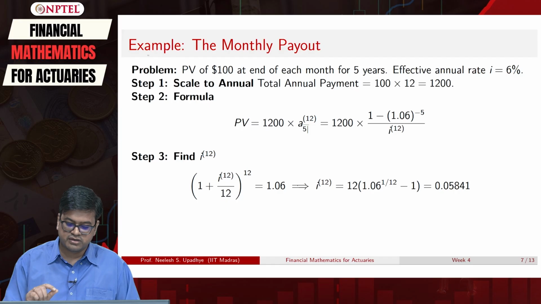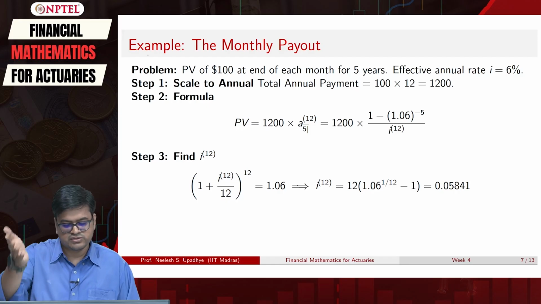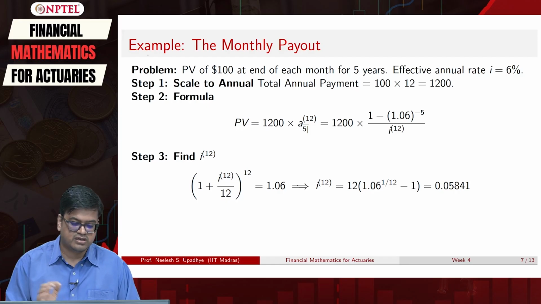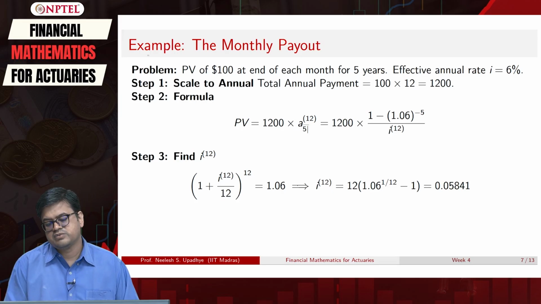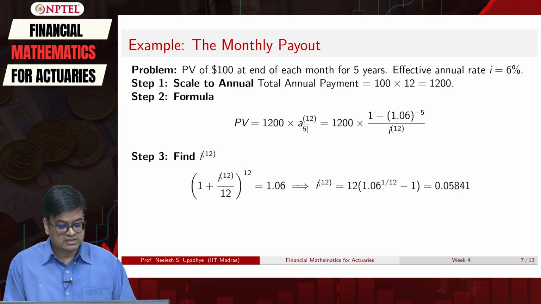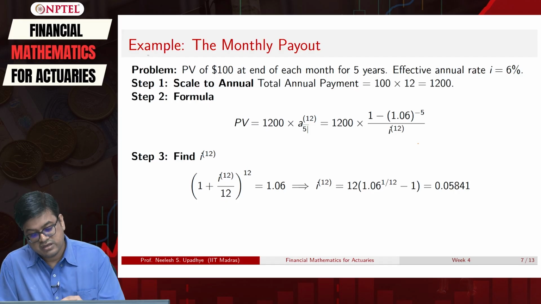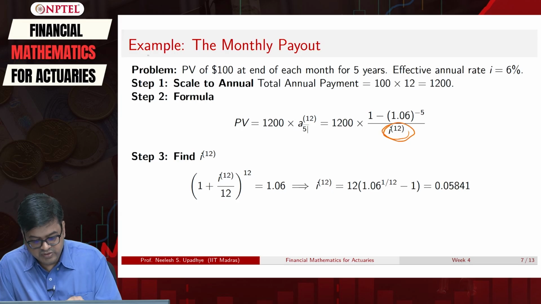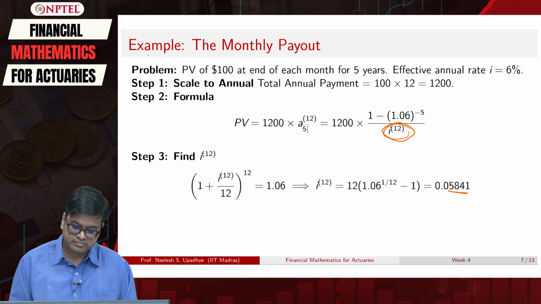So I have solved it, and it's simply taking the power 1 by 12. I got this answer, and then some linear algebra that I did, and I got the answer to be 0.05841. So that means the nominal compounding rate that I require is 5.841.